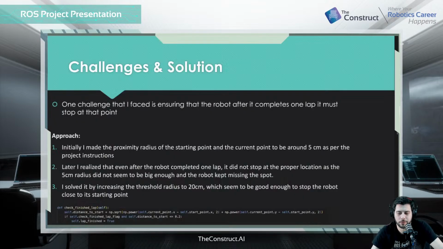The biggest challenge that I faced was making sure the robot stops after it completes one lap. For some reason, it was not stopping. But then I realized that the 5 centimeter proximity radius is actually too small. Sometimes the robot might overshoot it, or sometimes it might complete the lap but not end up exactly 5 centimeters from the starting point, so it still continues and does not stop.